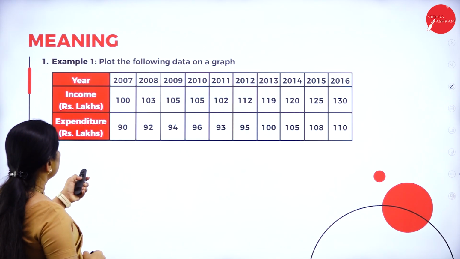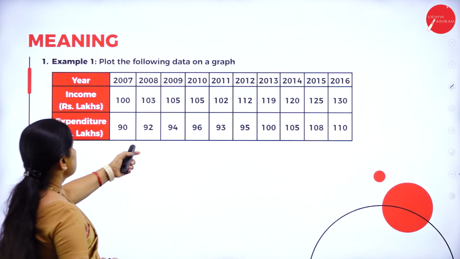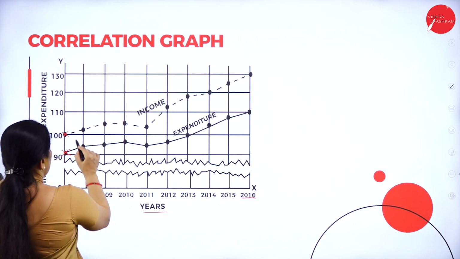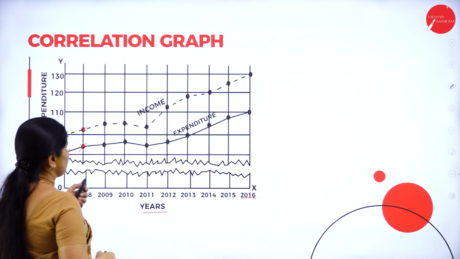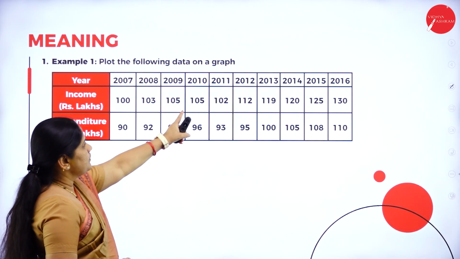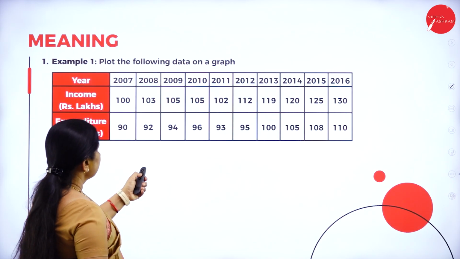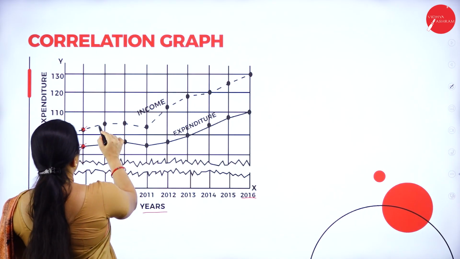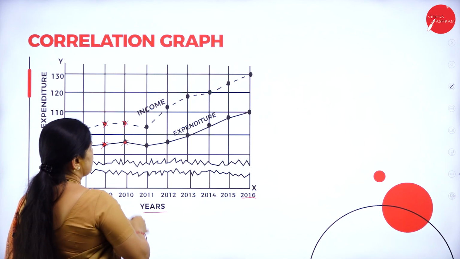The next one, income is 103, expenditure is 92. Then 105 and 94, 105 and 96.